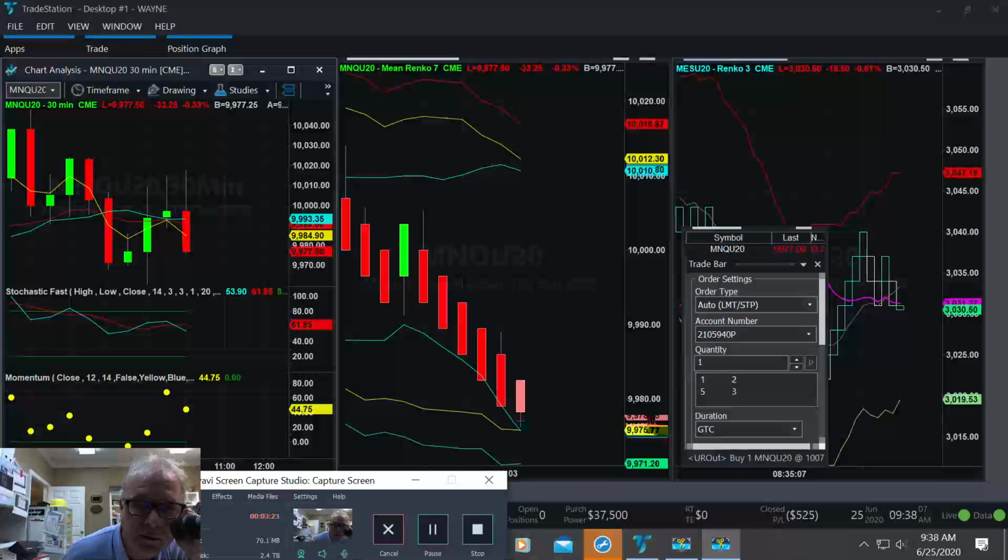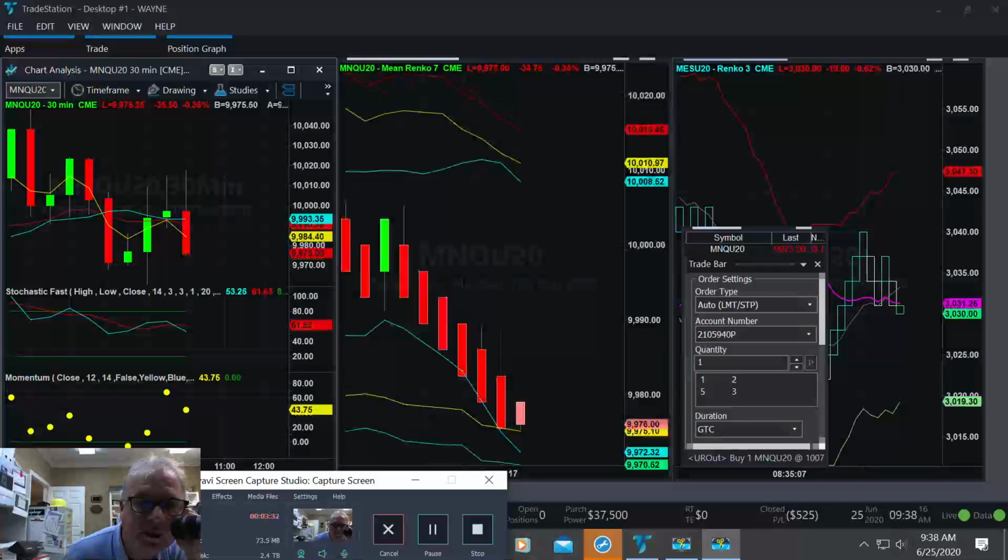And we're right in the middle of the current profile, which the very bottom of it is 99.25. Actually, 99.25 is the bottom of the value area.